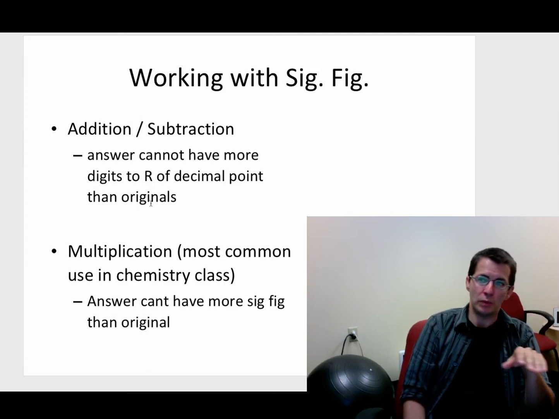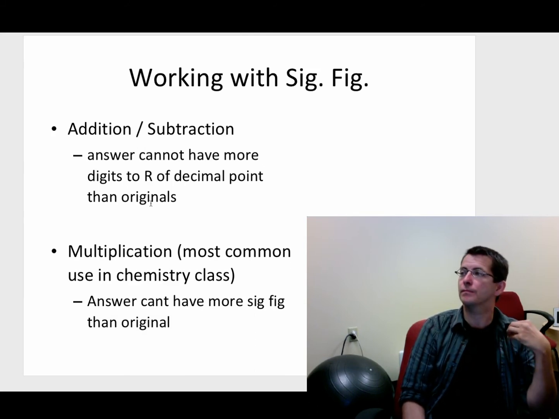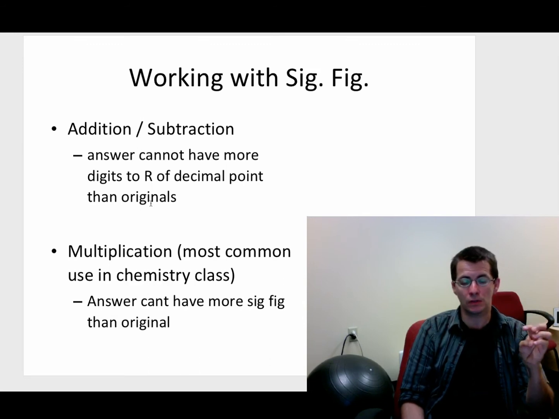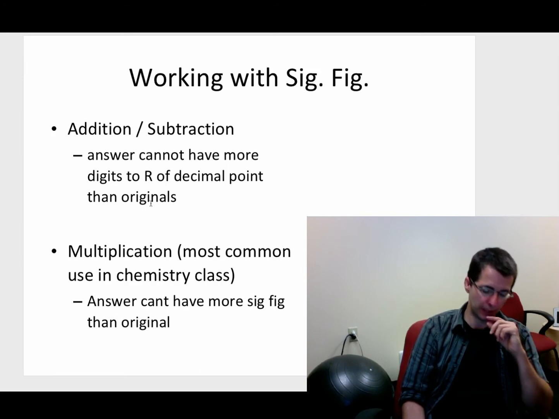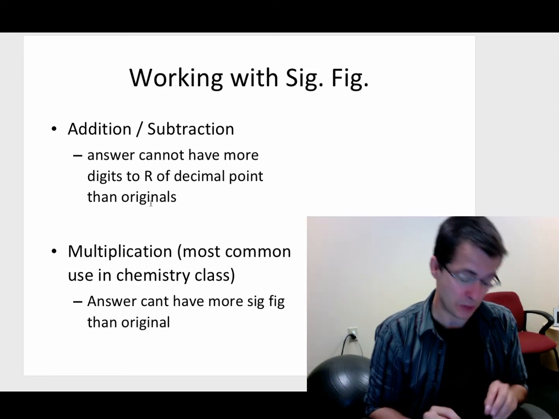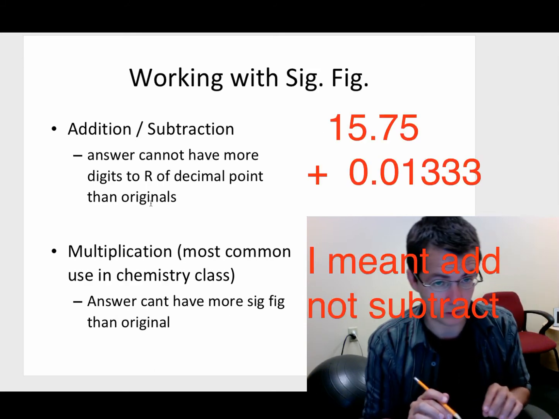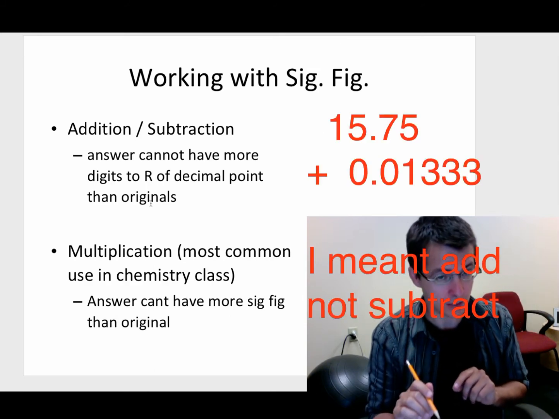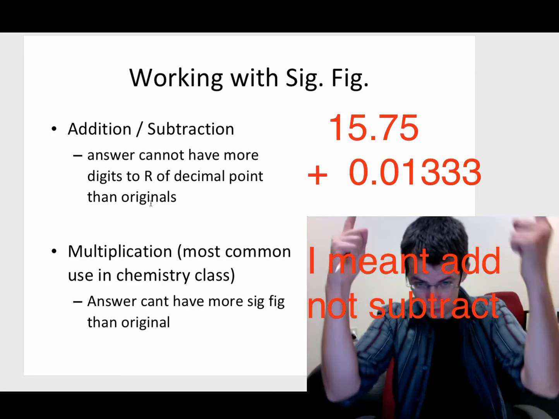So when you deal with addition and subtraction, the significant digits depend on the smallest number of significant figures past the decimal point. Let's take a look at an example. If you take 15.75 and you subtract 0.0133, hopefully I put this right here.